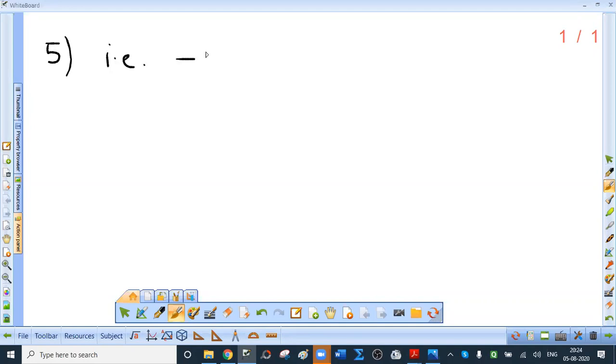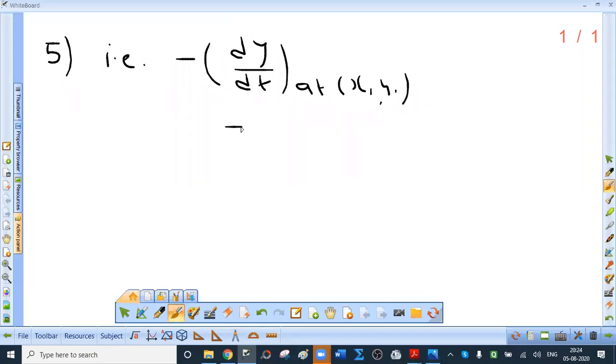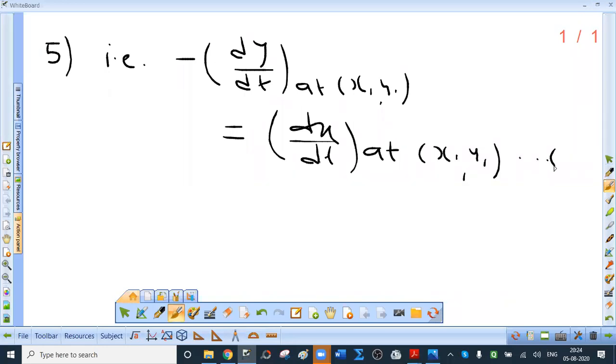That is, see on the screen, I can say minus dy/dt at x1 y1 is the same as dx/dt at x1 y1. This is say number 1 because we have to make use of this.